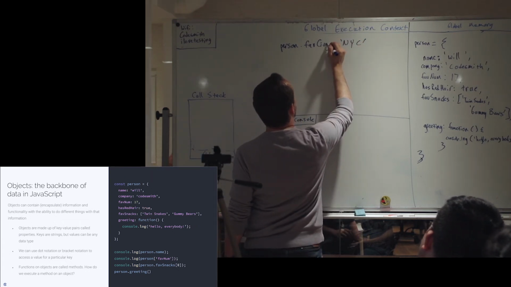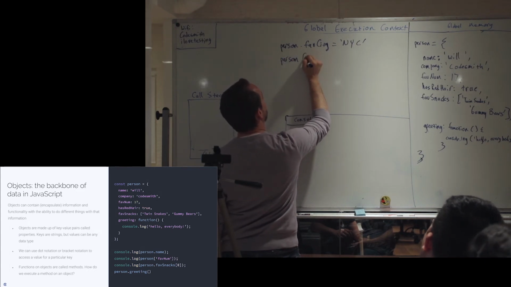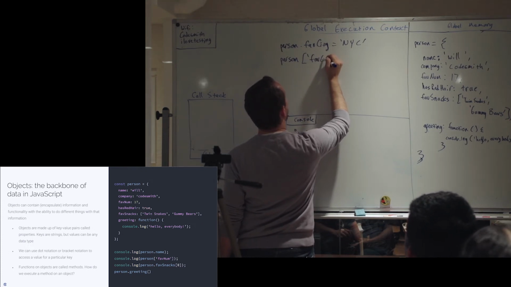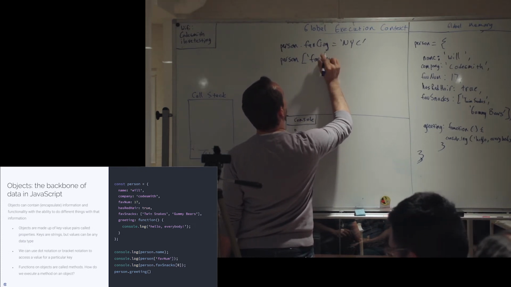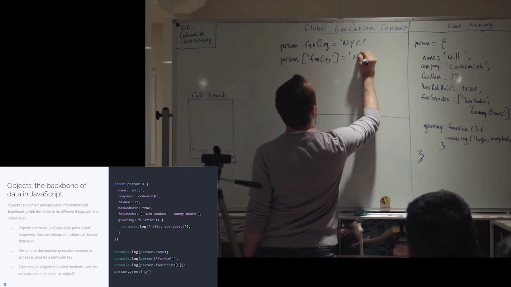If I wanted to do it in bracket notation, how would I do it? Exactly, you gotta put it in quotes. Fave city equals NYC.